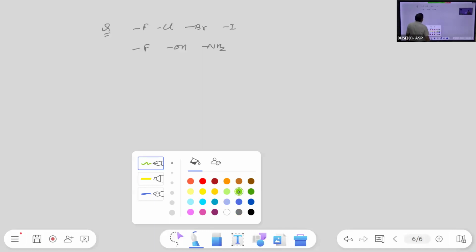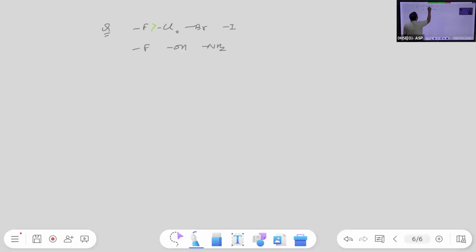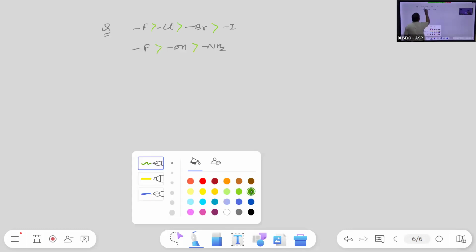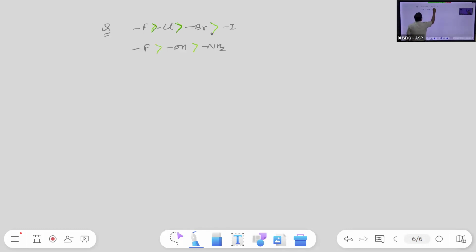The answer is: fluorine greater than chlorine greater than bromine, then iodine, and next one is fluorine, OH, then NH2. Simply it is the order of electronegativity of the bonded atoms.